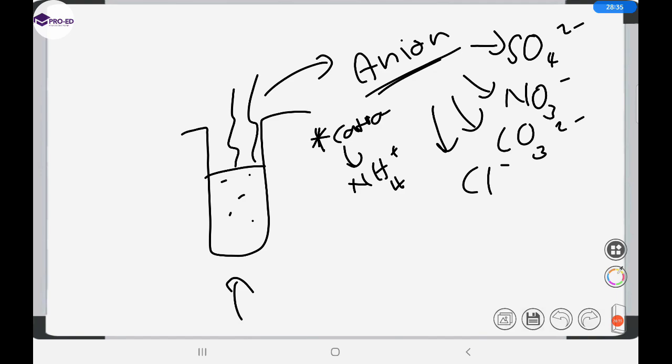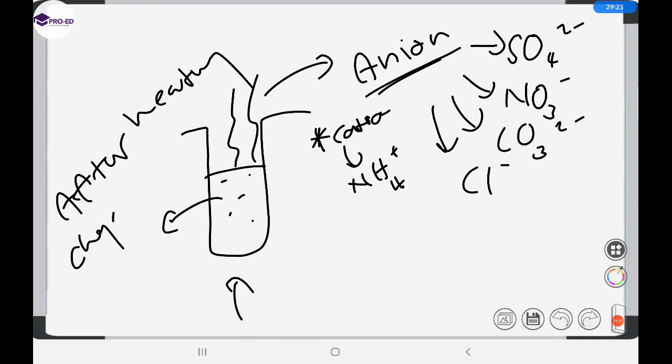Well, after heating, the substance might change color. If the substance changes color, that means that most of the time it can't tell you what cation is present.